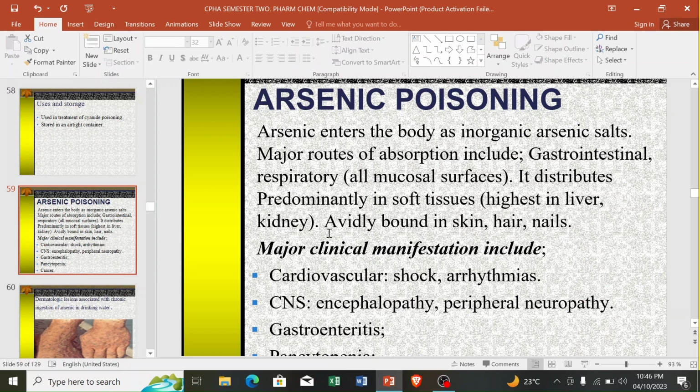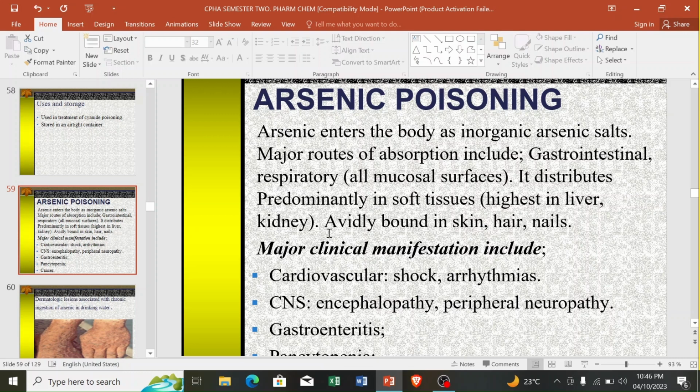This is how it gets distributed, and this semester we are doing pharmacology, and in that pharmacology you have to understand how medicine gets absorbed, how it is metabolized, how it gets distributed, and how it gets eliminated.